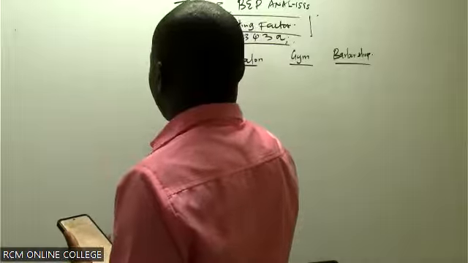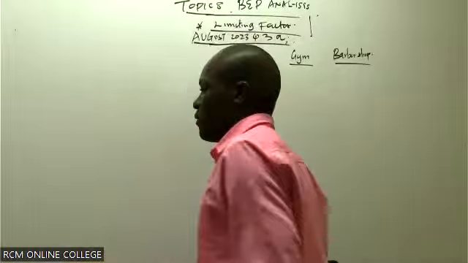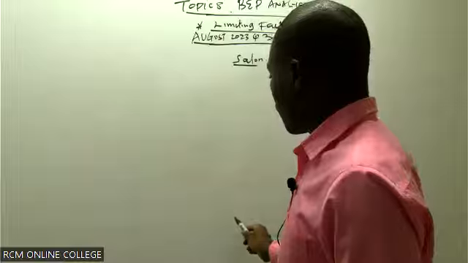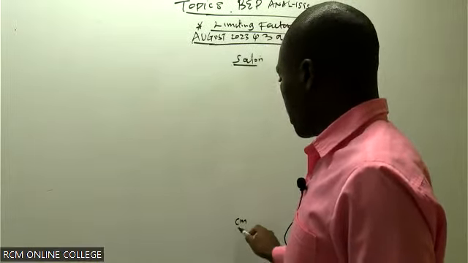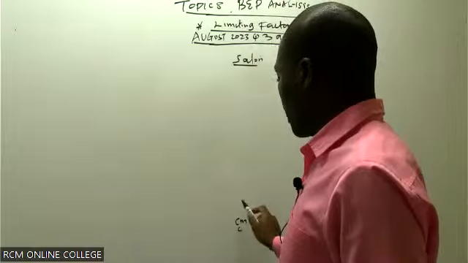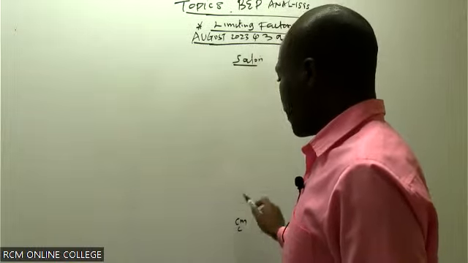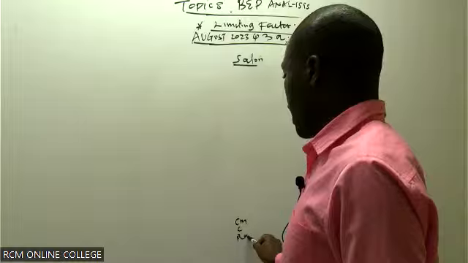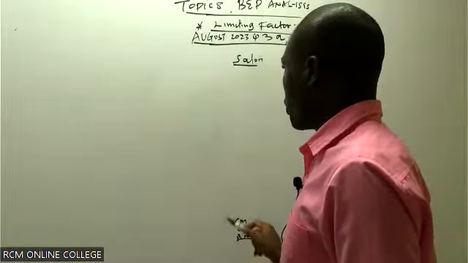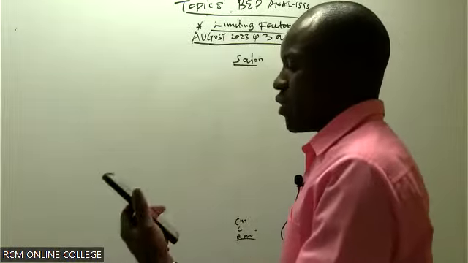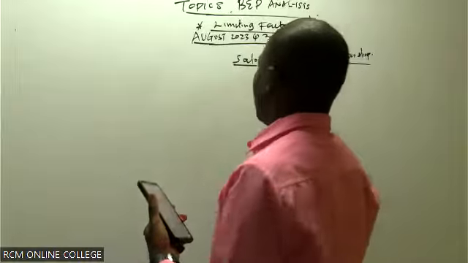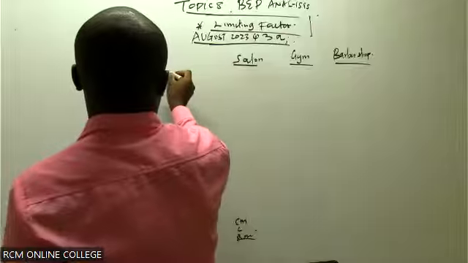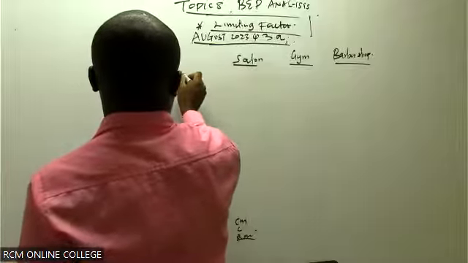Now, for us to get the limiting factor, our first procedure is to get contribution. After getting contribution, we get contribution per limiting factor. After getting that, you rank these products. Having ranked, you look at the proportion that's going to be used in sharing all that. So the first thing you're going to do here for us to get contribution would be the selling price or service fee.